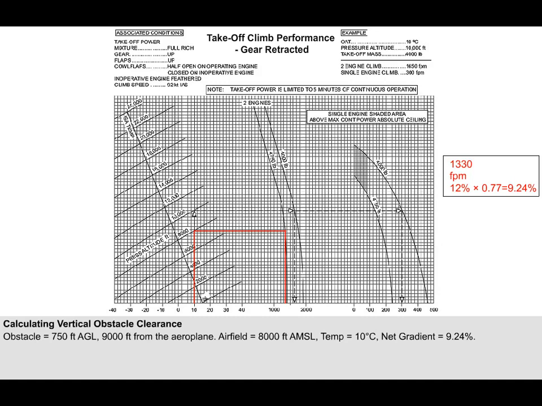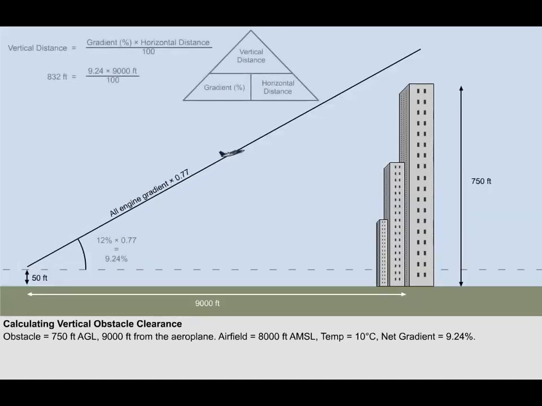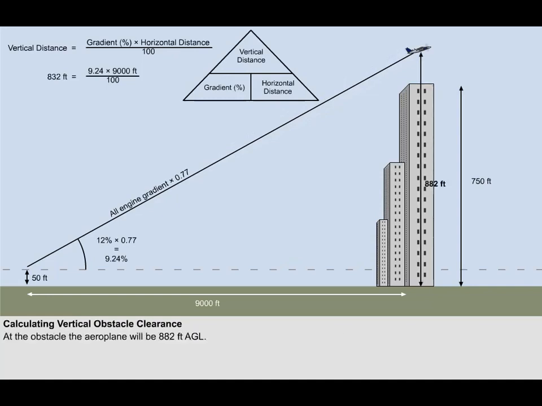But for simplicity, here we shall assume a zero wind condition. Using a climb gradient of 9.24% would mean that the aeroplane would gain a height of 832 feet in a horizontal distance of 9,000 feet, but the aeroplane's total height above the ground will be 882 feet, because the aeroplane is already at 50 feet.